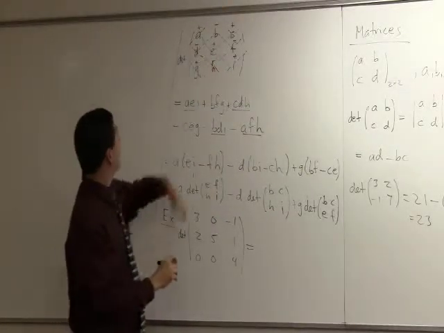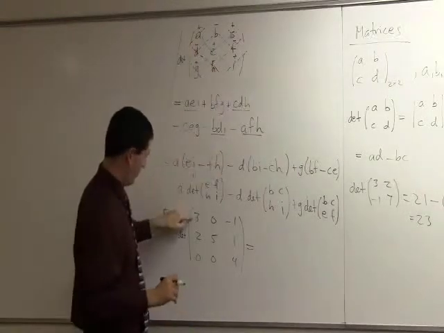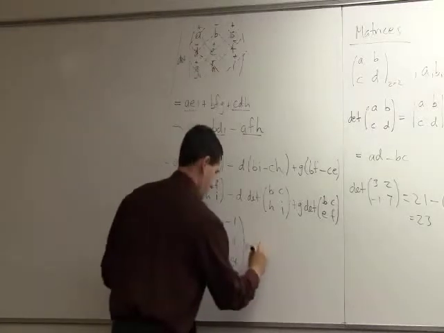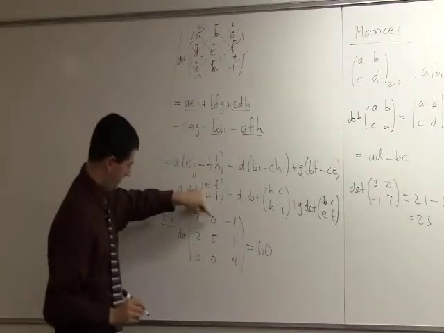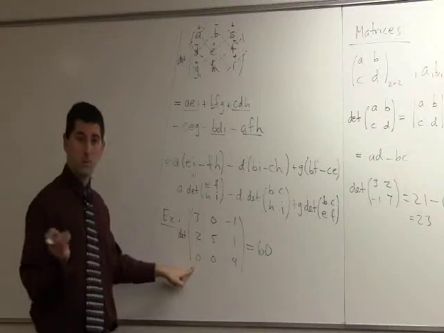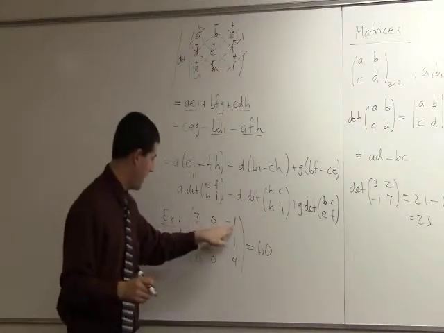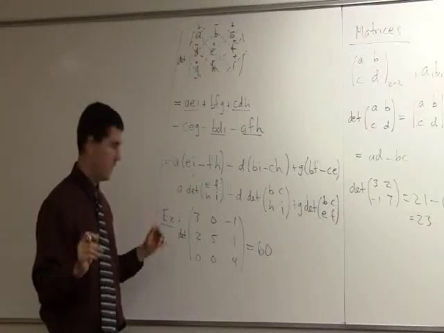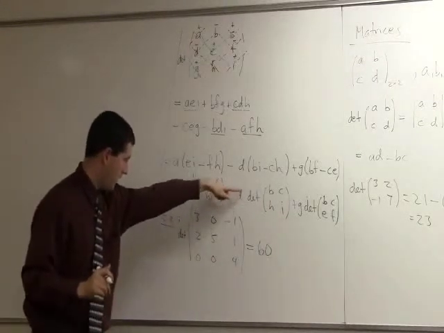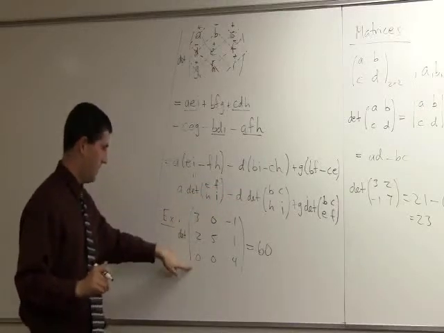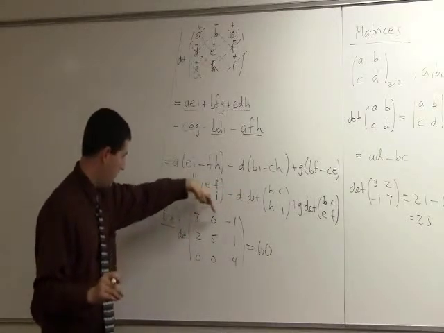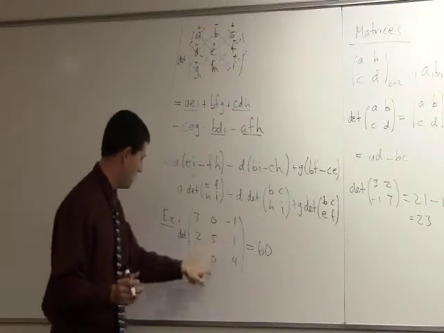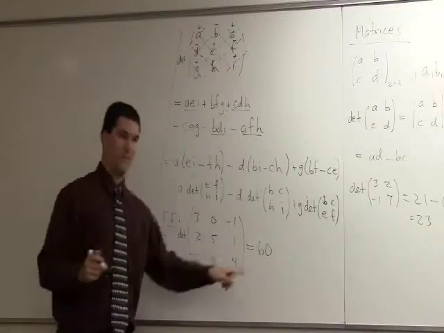If you do that, you go across the diagonal first, so 3 times 5 times 4, so that's 15 times 4 is 60, plus 0 times 1 times 0, which is 0, plus minus 1 times 2 times 0, which is still 0. Then you have to go backwards. Minus 1 times 5 times 0, nothing. Minus 0 times 2 times 4, nothing. Minus 3 times 1 times 0. Oh, nothing. Cool. So determinant 60.